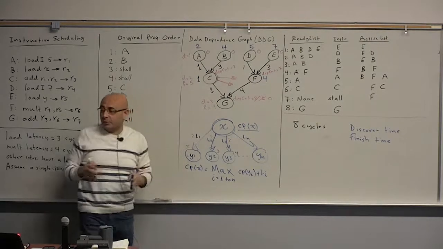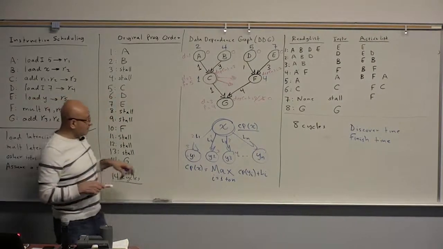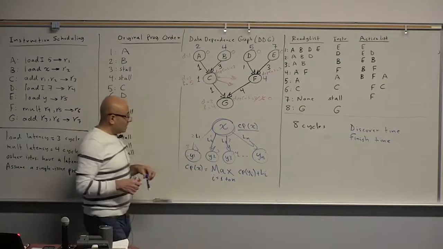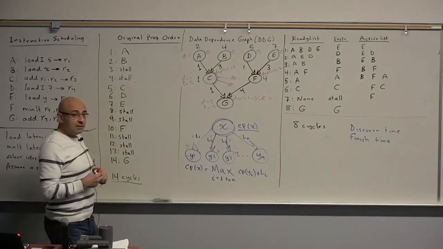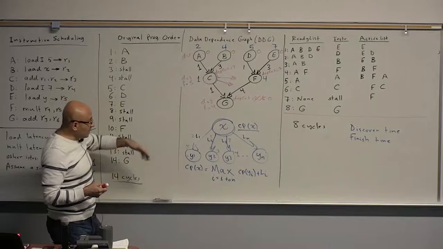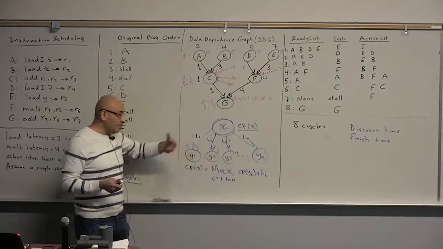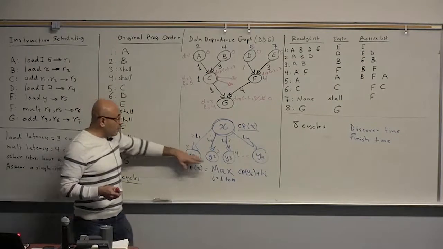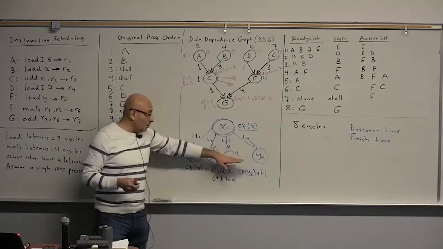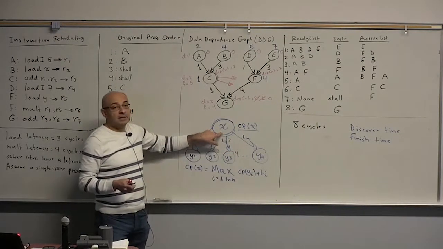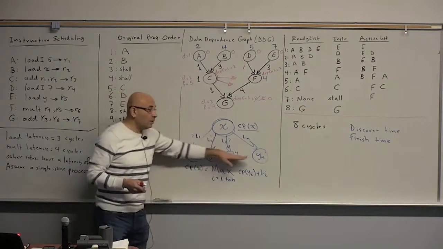So basically, you have to look at all of its neighbors. And we assume that the critical paths of the neighbors will be available, because all these neighbors will be finished before finishing X. X is not finished until we finish all the neighbors.